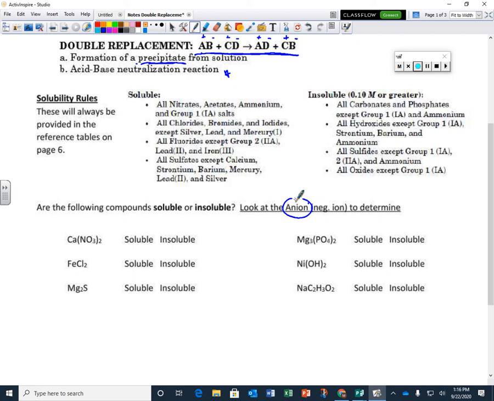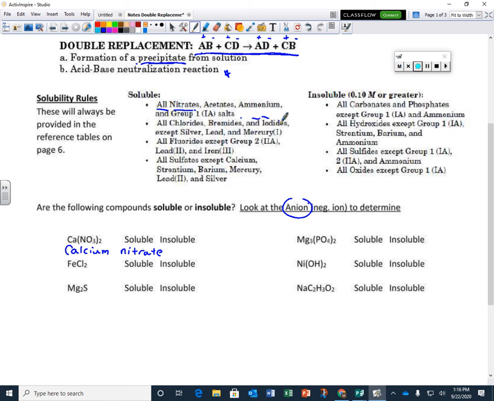For example, in this first problem, CaNO3, this is calcium nitrate. So we're going to find the word nitrate in our solubility rules. And here it is. All nitrates are soluble. All nitrates are soluble. And there are no exceptions listed out here.